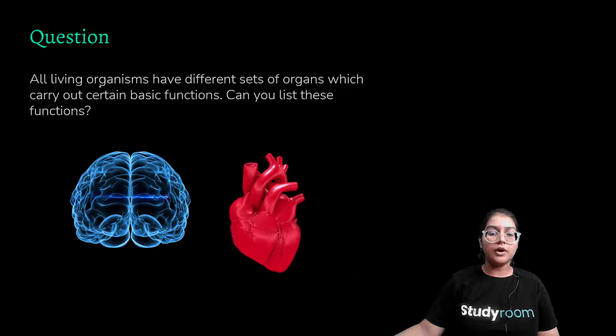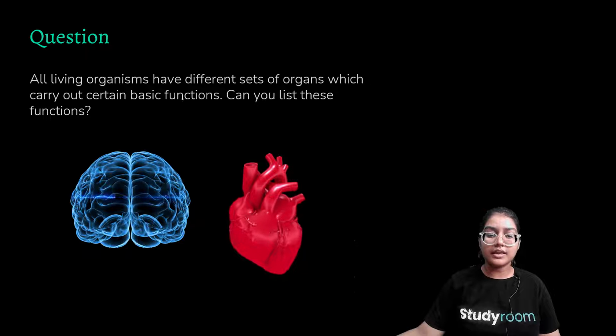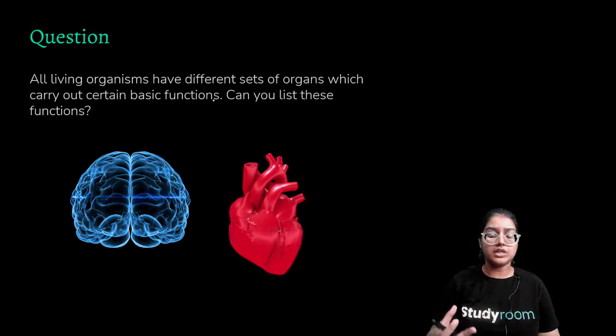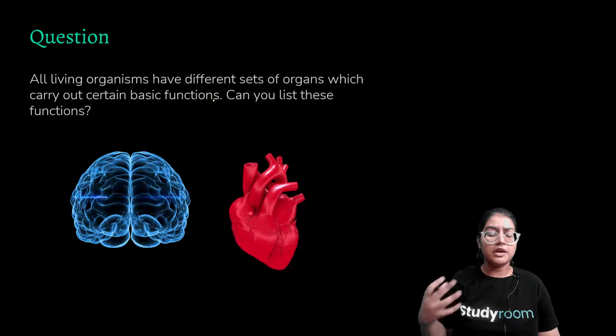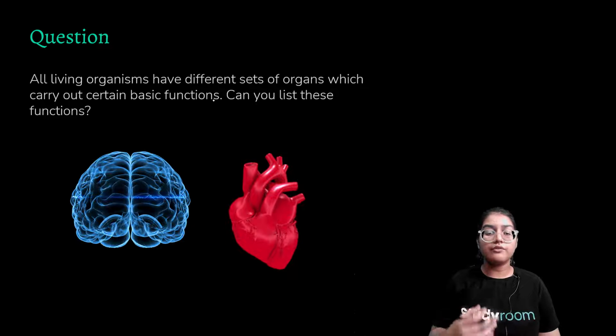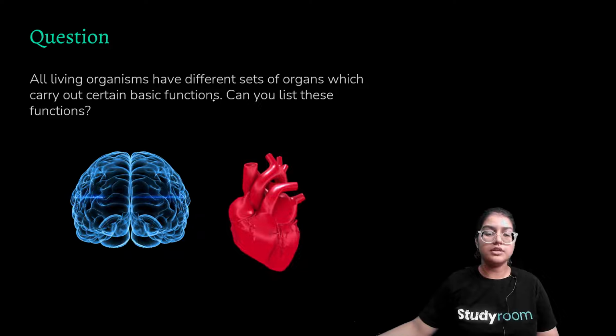So all living organisms have different sets of organs which carry out certain basic functions. For example, in us, the digestion process is carried out with the help of the liver, intestine, pancreas; metabolism, the brain is functioning, and the heart is performing the function of circulation. So you have to list them out.